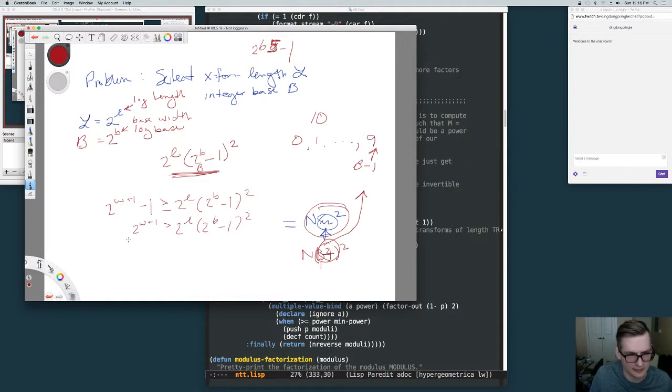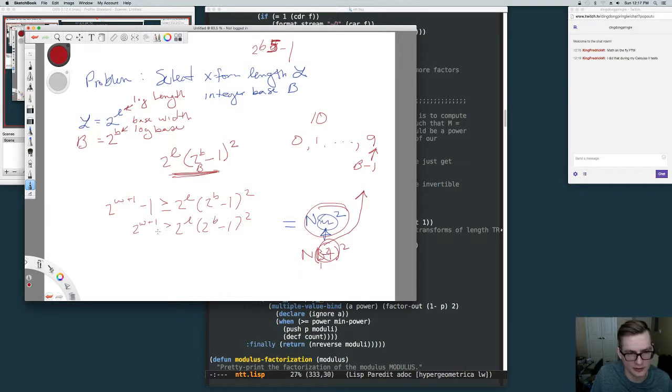So if we log both sides here, let's see, I want to take out this minus 1 here, but I don't know if that's a valid thing. It is. Okay, so we can be conservative here and say that our maximum word must be greater than something that's a little bit bigger over here.